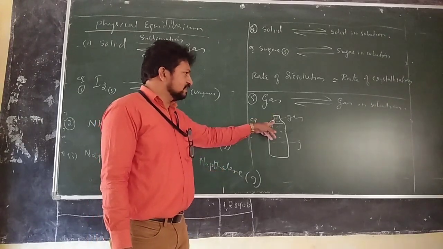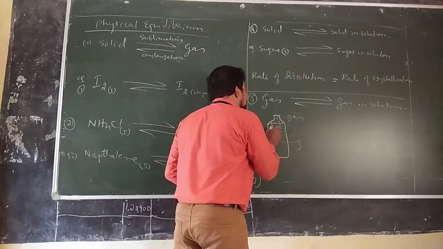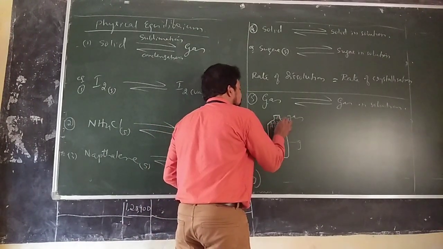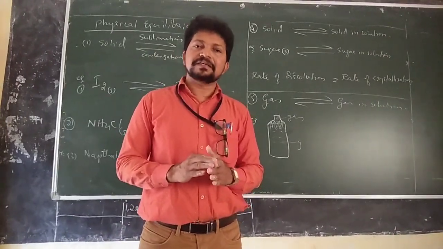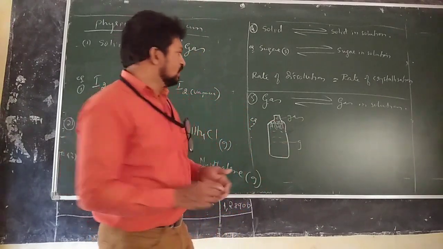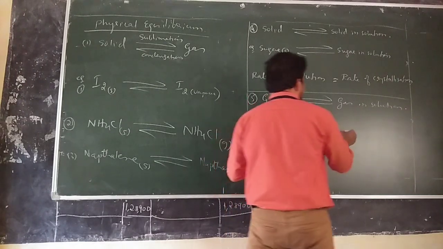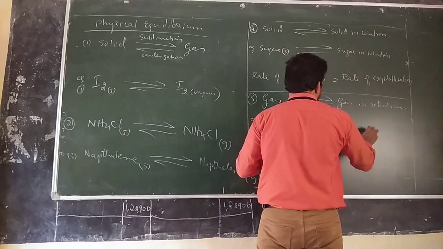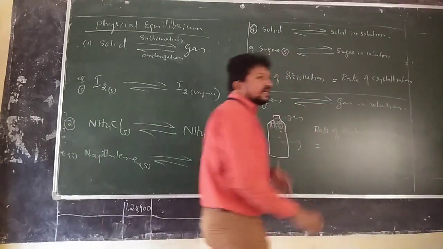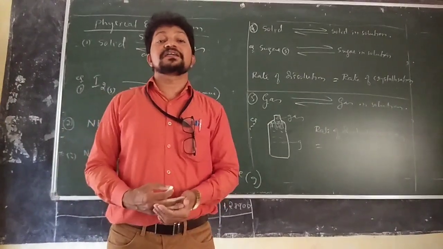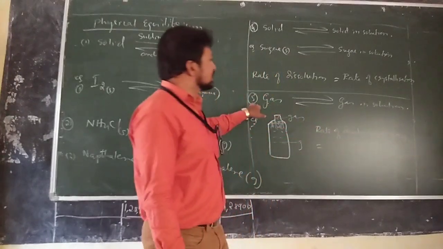A gas is continuously dissolving, and dissolved gas from the surface is becoming gas. So the rate of dissolution of gas in the solution is equal to the rate of escape of the dissolved gas. Gas in the solution is becoming gas.